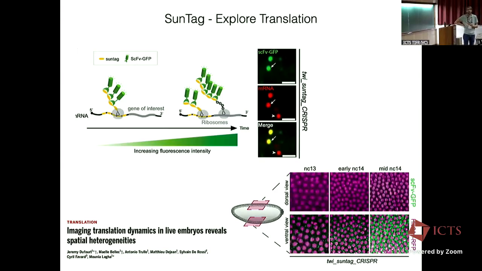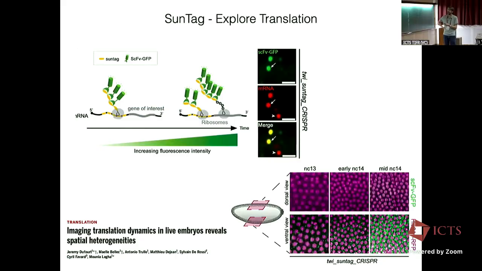This is a tool for observing protein translation through the ribosome. Essentially, you tag your protein of interest with this SunTag, which is just a piece of DNA. Then as it comes out of the ribosome, the SunTag is detectable by this antibody, this GFP, which can be genetically encoded.